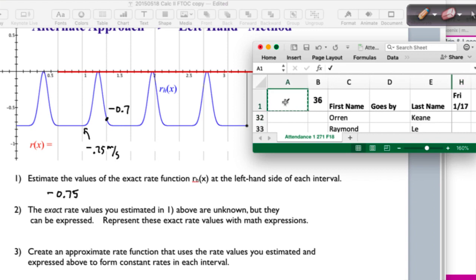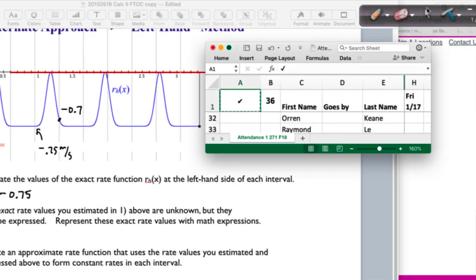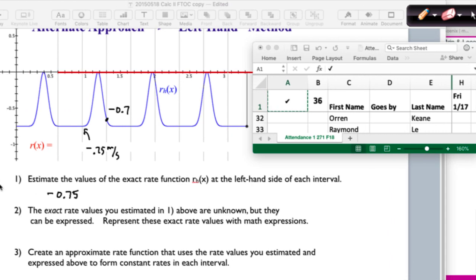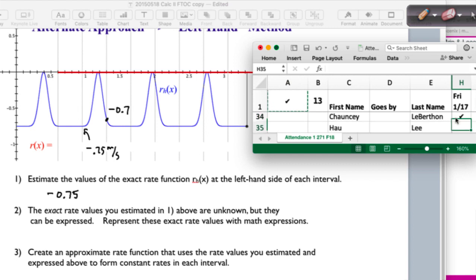Oren. Sorry, I'm trying to move that. Oren. No Oren? Raymond Lee. Chauncey. Yi. Jordan. Maple.